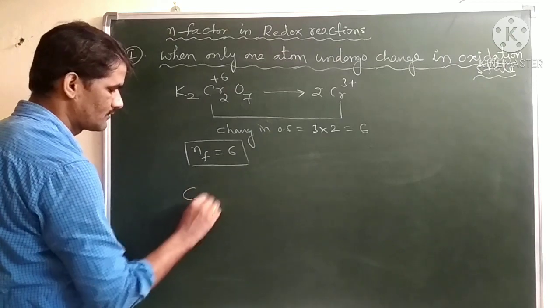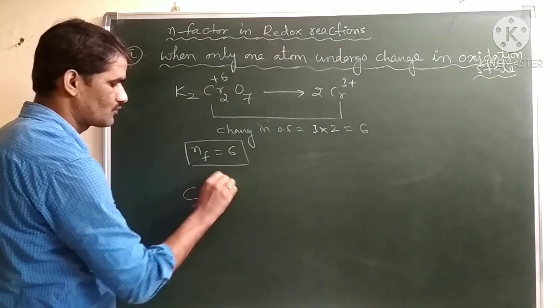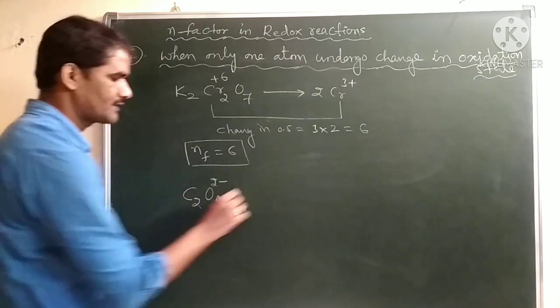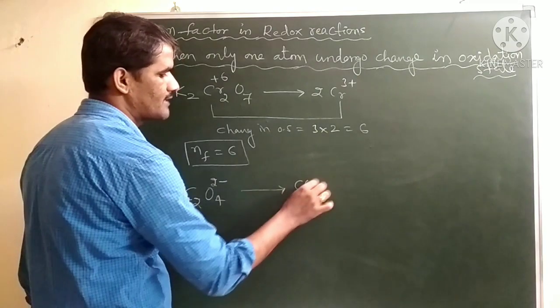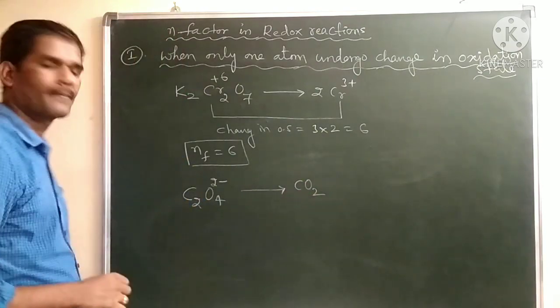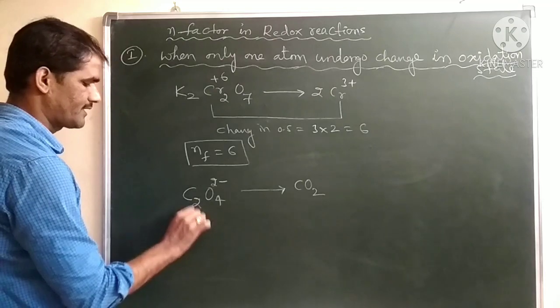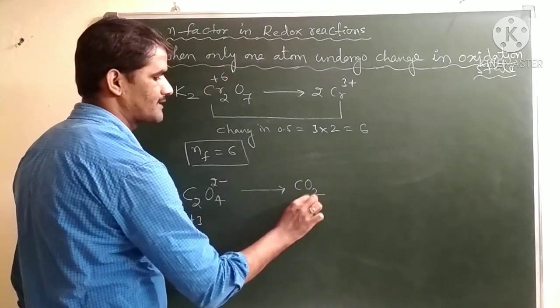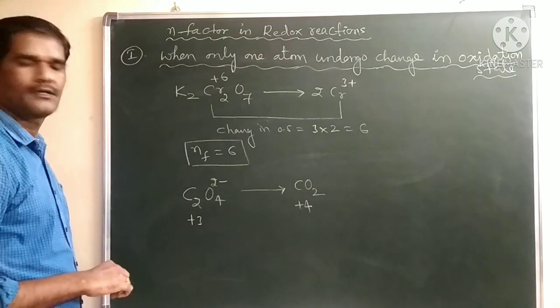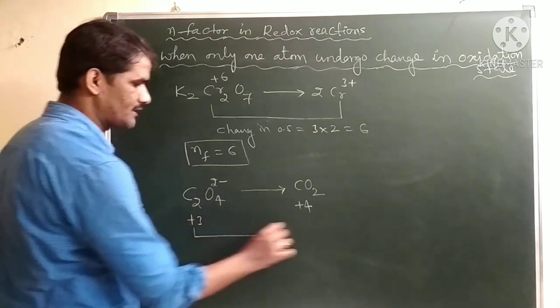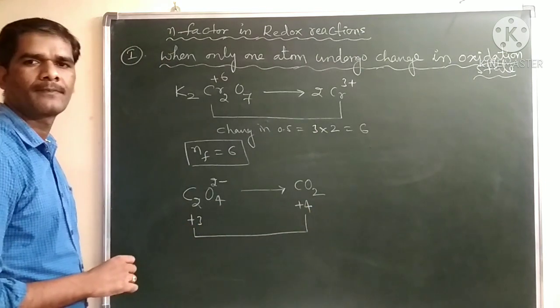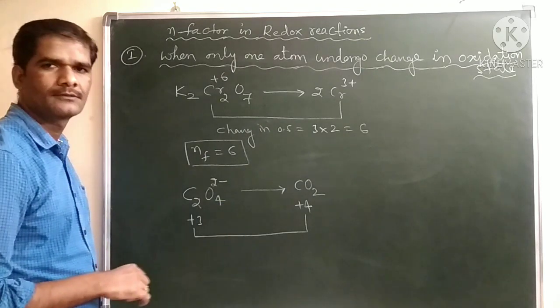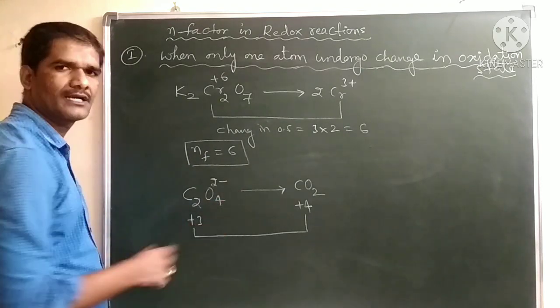Similarly, C2O4 2-, oxalate, is converting to carbon dioxide. Here carbon oxidation state is +3. Here carbon oxidation state is +4. Again the change from +3 to +4 is oxidation, so it loses 1 electron.